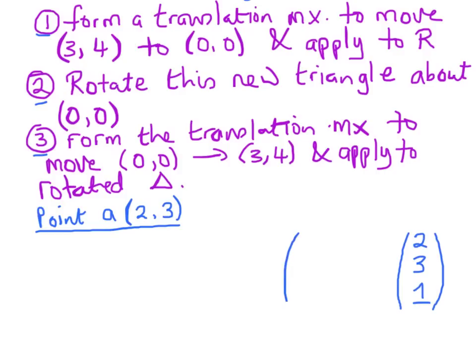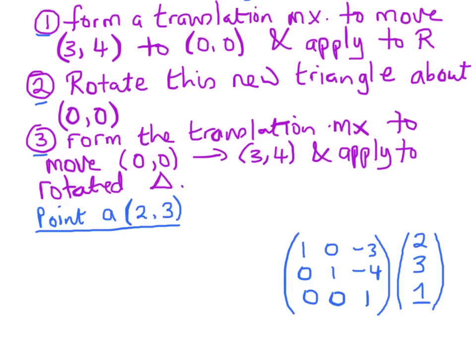I have found the matrices for each of these 3 in the previous part of the video. So the first one was to form the translation matrix to move from 3, 4 to 0, 0, and if you recall, that translation matrix was 1, 0, -3, 0, 1, -4, and 0, 0, 1. So that's part 1 applied to A.